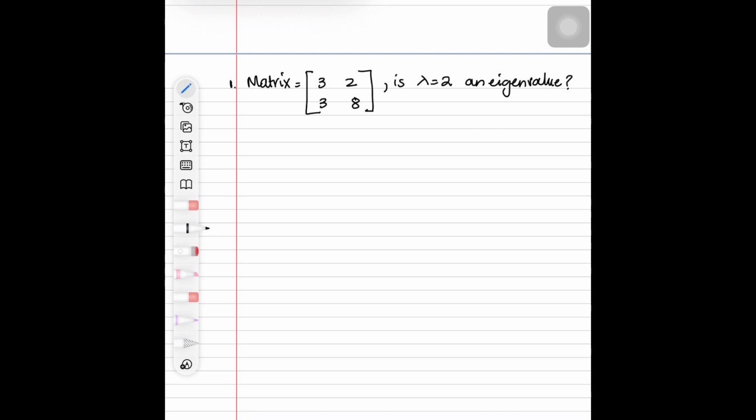Let's find out if lambda equals 2 is an eigenvalue. So we know this equation.